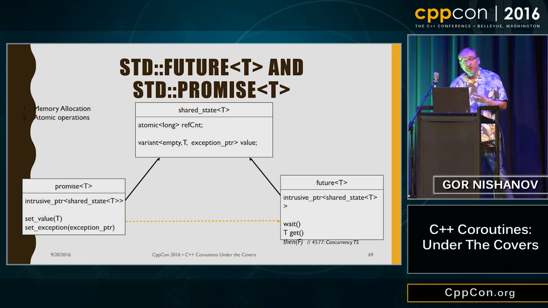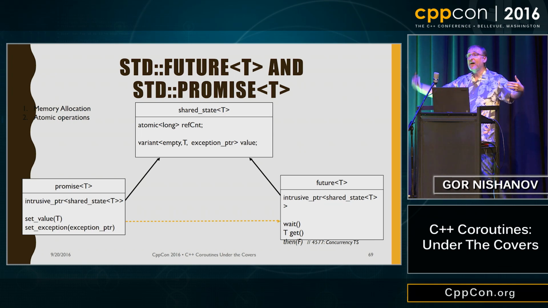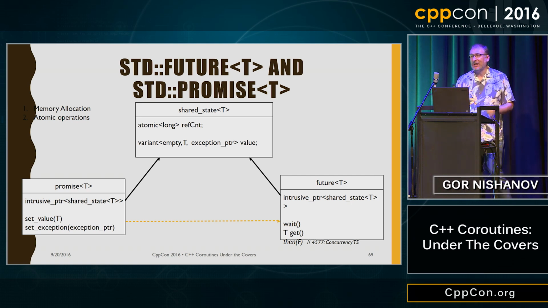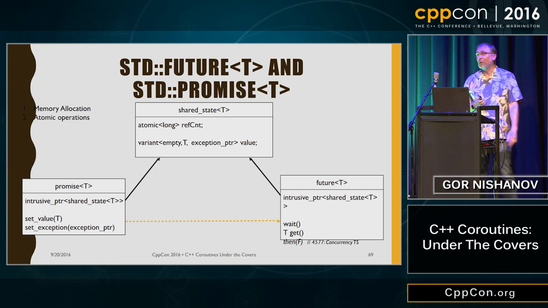It would need to have some atomic ref count, because lifetimes of the promise and the future are not in sync. So we would have to use ref counting to do that. And atomics are expensive, especially with multi-core machines. 10 nanoseconds, 20 nanoseconds.